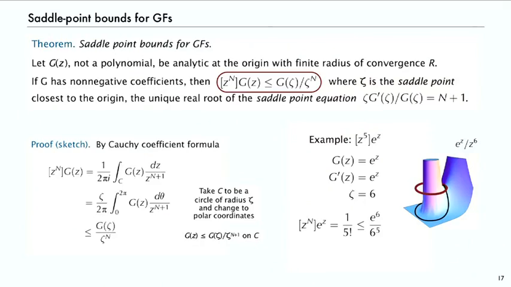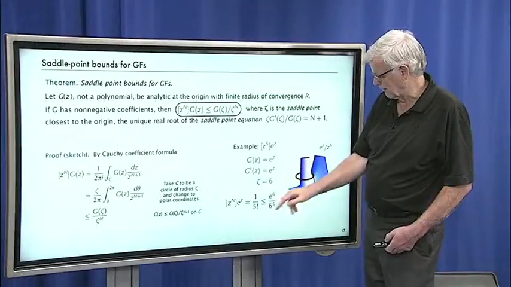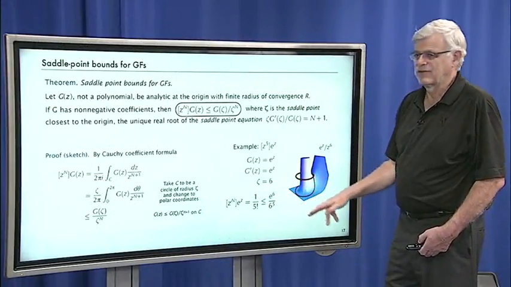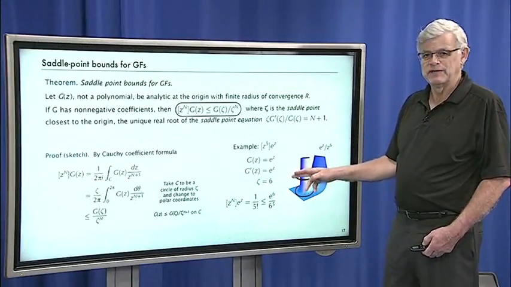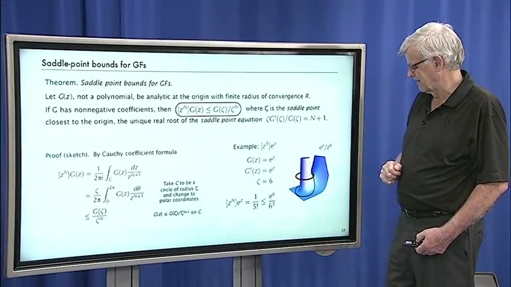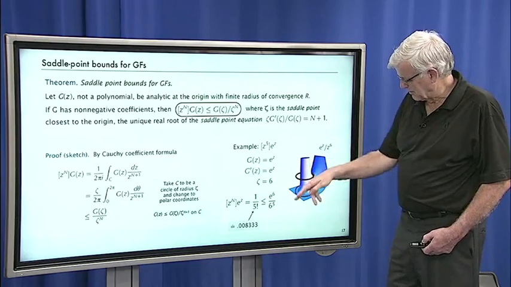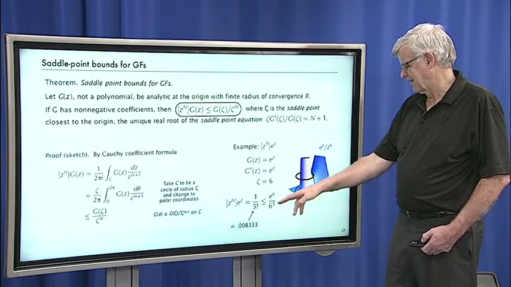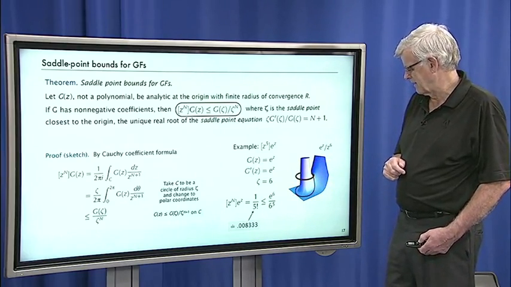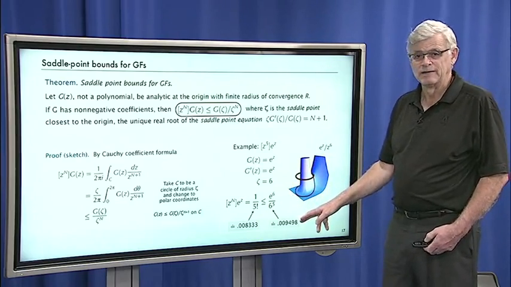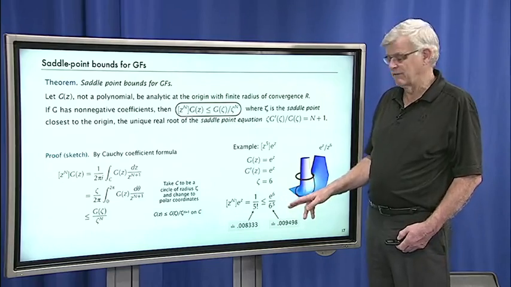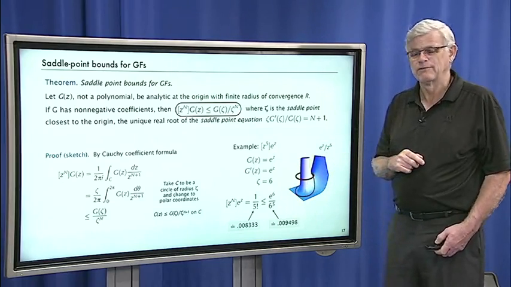And so the saddle point bound says that the coefficient of z to the fifth, which is 1 over 5 factorial, is going to be less than or equal to e to the 6 over 6 to the 5th. And if we just compute those, on the left side it's 0.008, and on the right side it's 0.009. Pretty good bound, even for just a small value like 5.